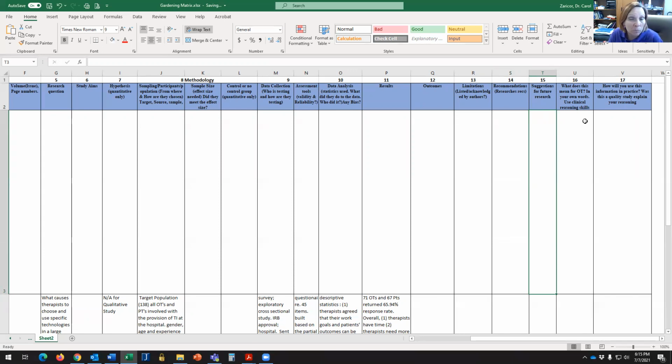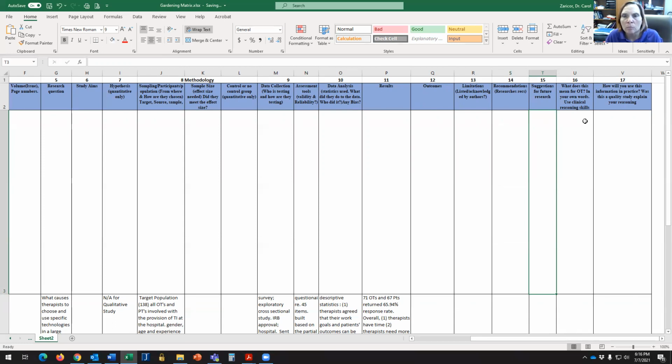Does it help define our profession, or does it not help us at all? And that column there is going to be used next semester for your projects, and it will be the implication for your research study. So you'll be going, okay, I will use this in my research for certain purposes, and you'll put the purposes in there.